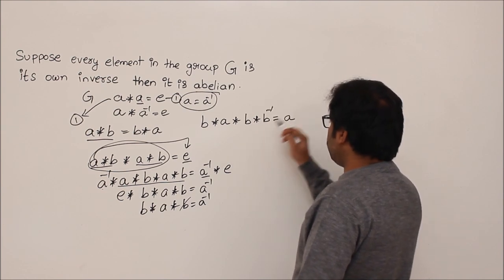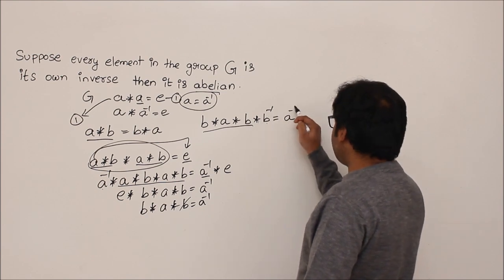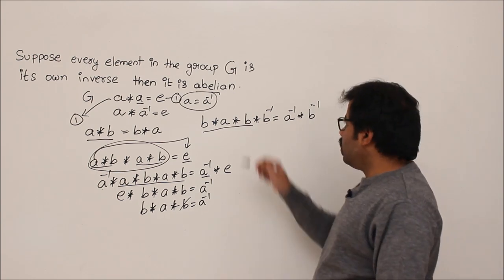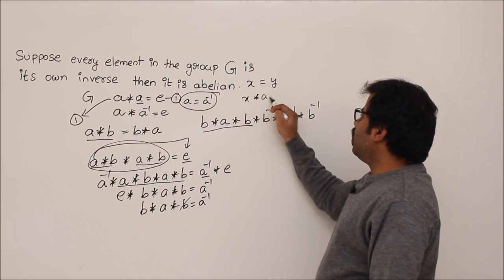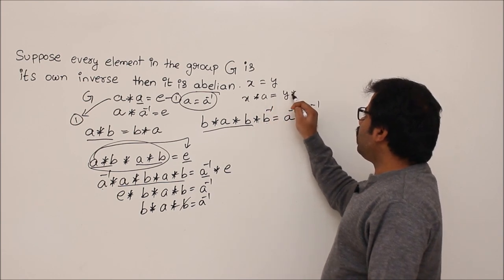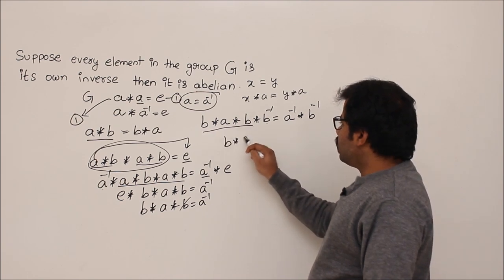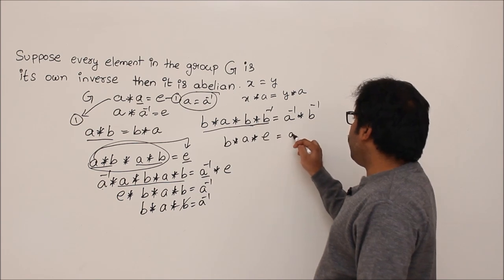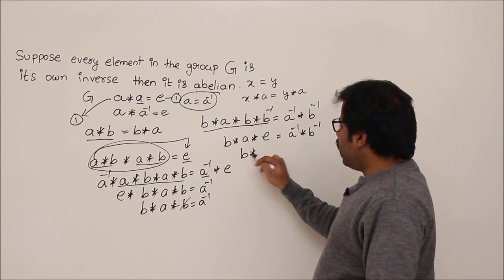Because I am applying star B inverse on the right side, here also we have to apply star B inverse on the right side, then the value will not change. Why, sir? You have X equal to Y. If you apply X star A, that is equal to Y star A, correct? So that's why B star A star B star B inverse, which is E, equals A inverse star B inverse. Don't worry, slowly you will understand.